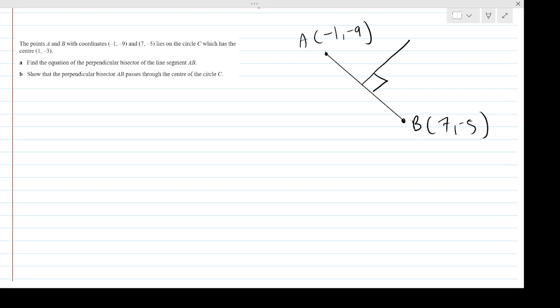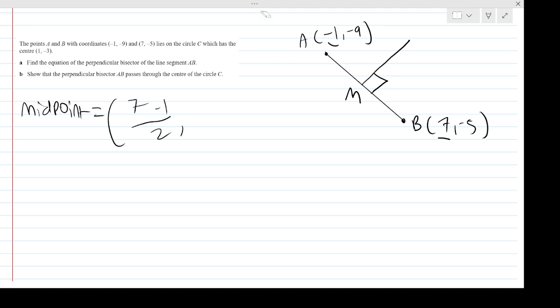Well, again, we have a midpoint in the middle. So it's better to work out the midpoint first, right? So the midpoint is going to be the average of the x and the y values. So firstly the x, 7 add minus 1 over 2.